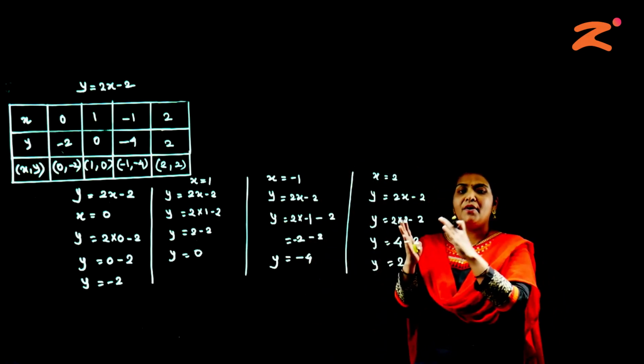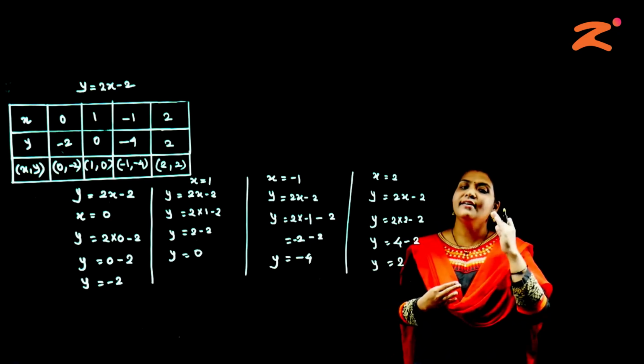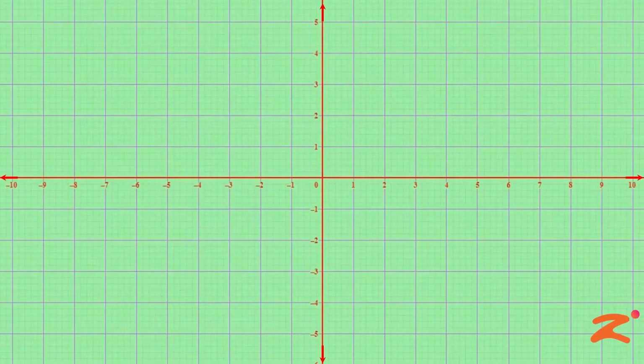Now with the help of this table we are going to plot the graph on graph paper. Let us draw the graph of the line 2x minus y is equals to 2. To draw the graph we need 2 lines, horizontal and vertical, as you can see on the screen.